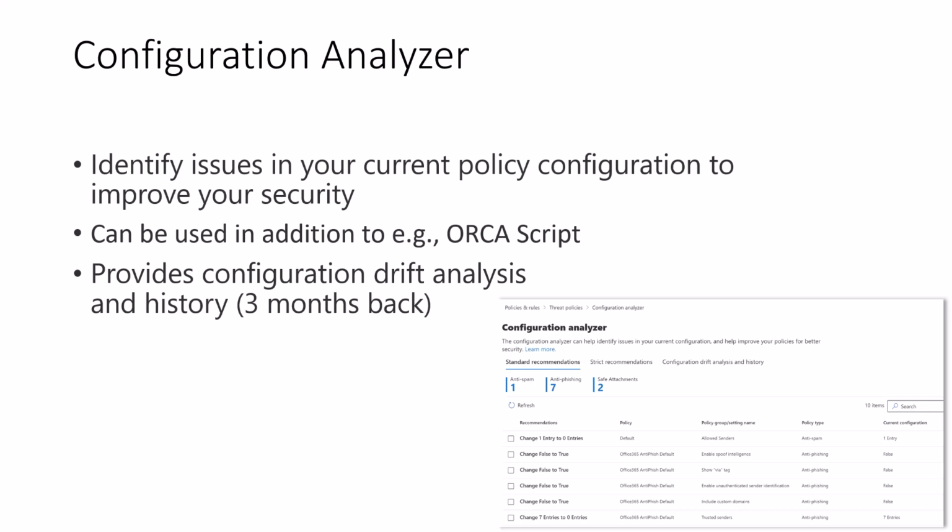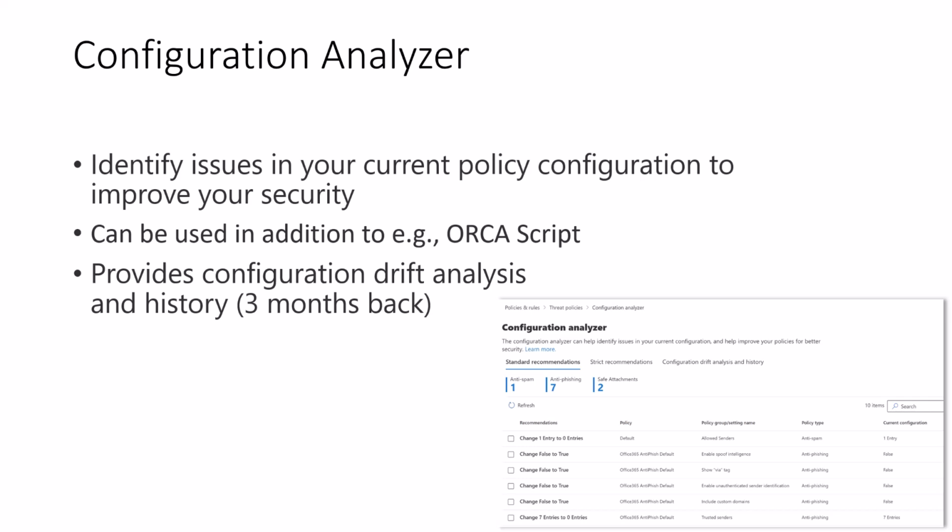As mentioned earlier, we also have the configuration analyzer. It's a great tool to identify issues within the current policies, and also to identify the configuration and match that towards the Microsoft recommended practices, especially towards the standard recommendations or leaning towards the more strict recommendations.